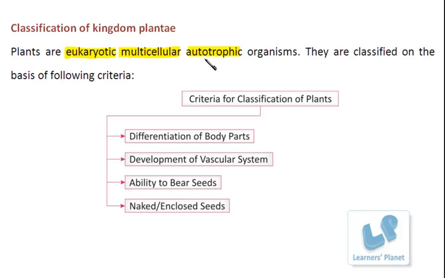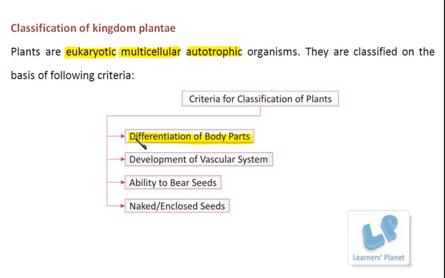So now, before I discuss the different divisions of this kingdom Plantae, there is a need to understand the criteria for the classification of these organisms. Fine. So the basic criteria for such classification is the differentiation of body parts.